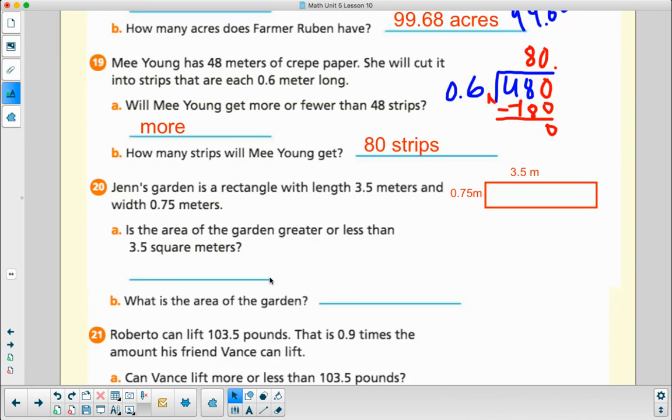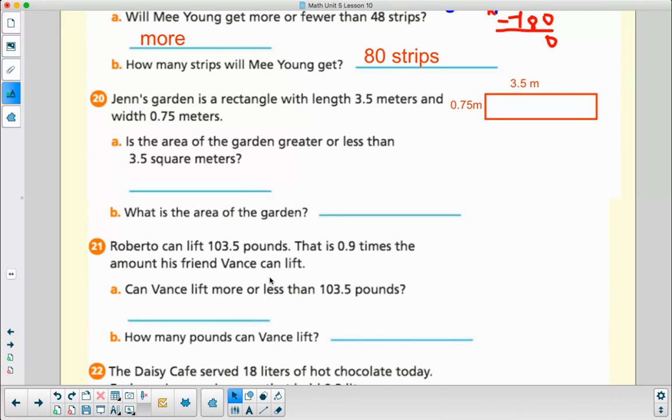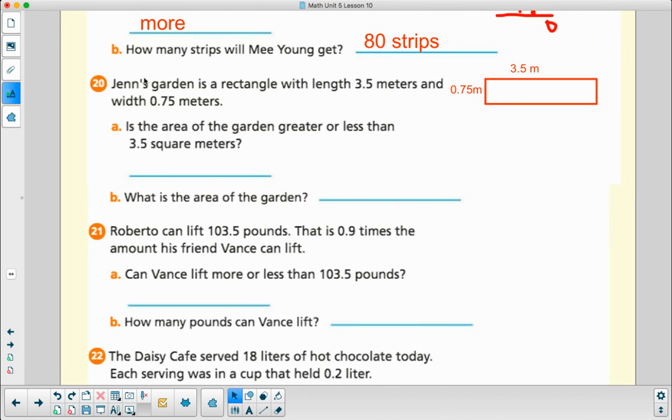Now, if you don't think you had number 20 correct before, you can retry it. Otherwise, keep playing. Jen's garden is a rectangle with length 3 5/10 meters and a width of 75 hundredths of a meter. Is the area of the garden greater or less than 3 5/10?